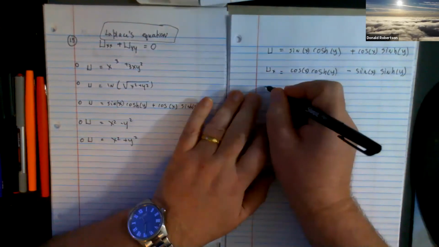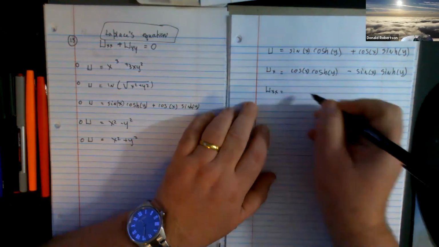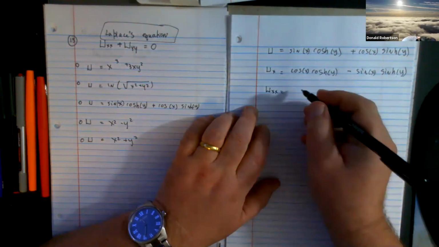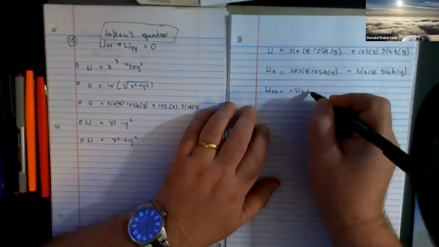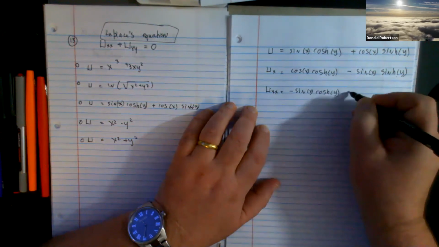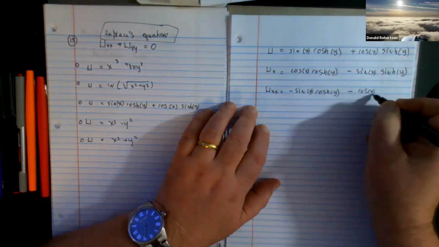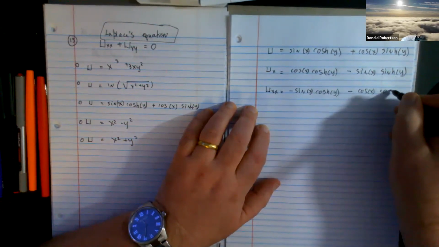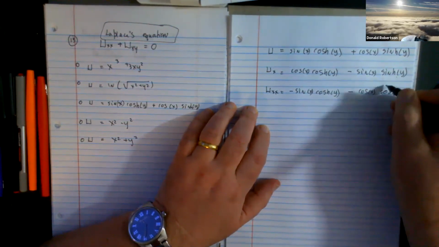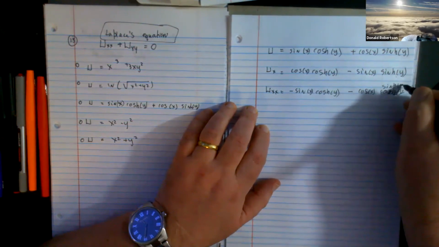You then do its second derivative with respect to x. So these guys here are really just constants. So you're going to get a negative sine x hyperbolic cosine, take away a cosine x hyperbolic sine. And that's that guy done.